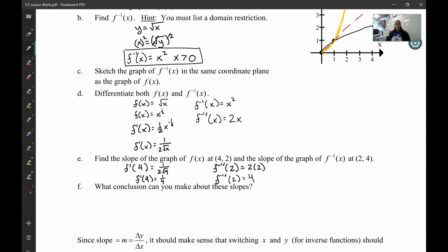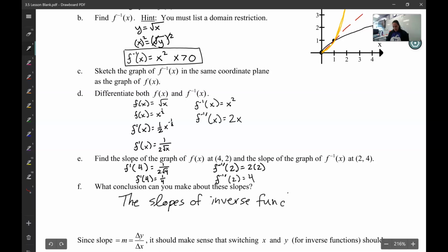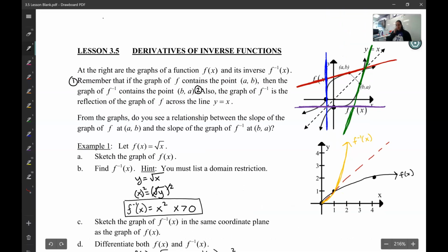Now, that was a lot of information to come to this final conclusion, which is, what conclusion can we make about the slopes? The slopes of inverse functions are reciprocals of each other. Which, when we come back up to the original graph, we can start to see.